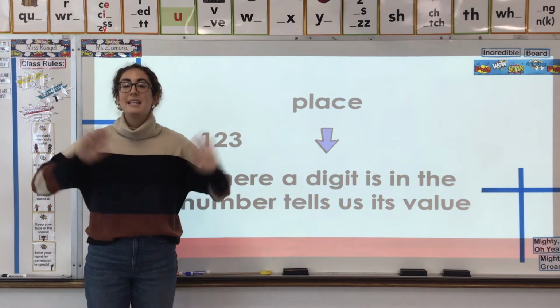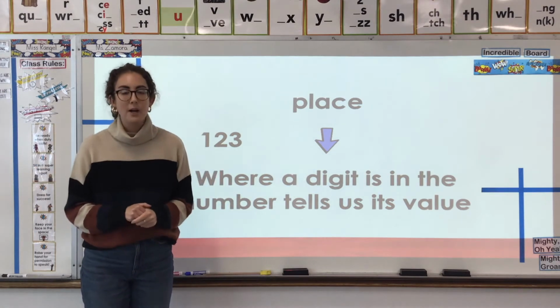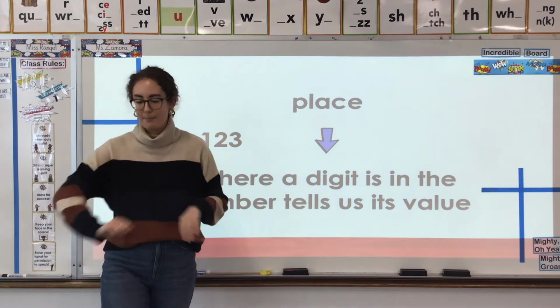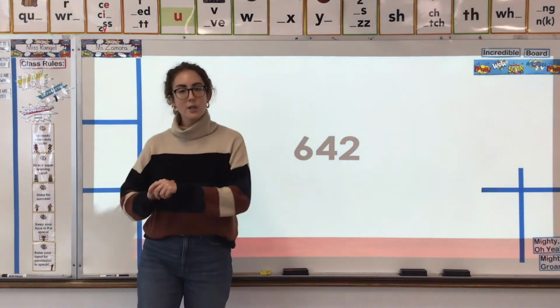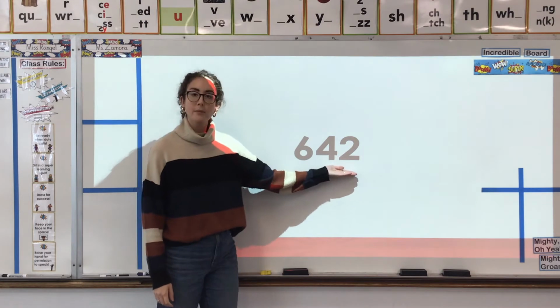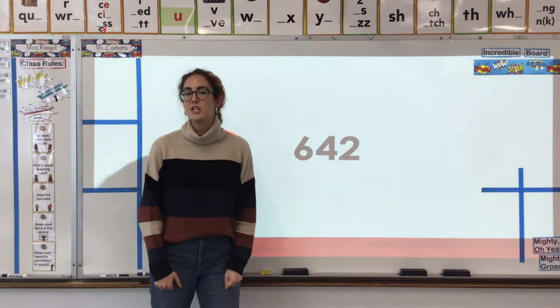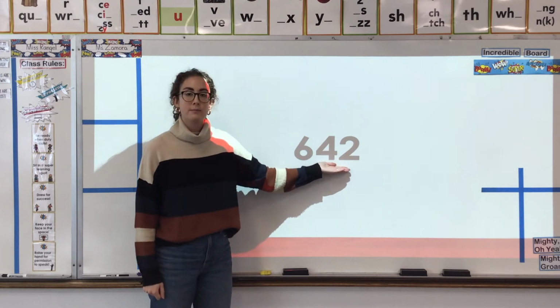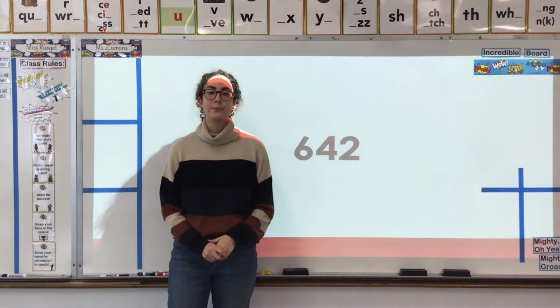So, now that we've reviewed our awesome vocabulary words, let's talk about our 2 new forms of numbers. So, you see up here, we have a 3-digit number. This is 642.